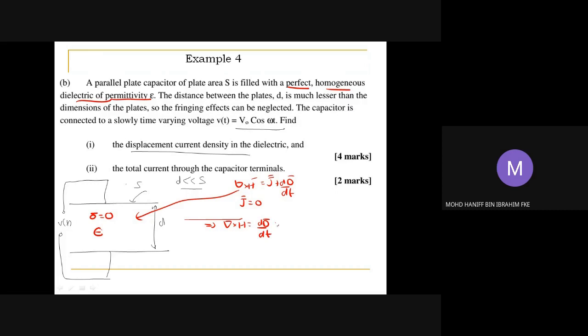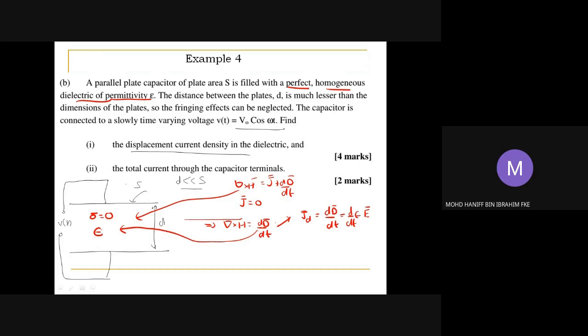Based on that, the displacement current density, J_D, shall be equal to the rate of change of D, which we can also write as d over dt of epsilon times the E field. This dD over dt is the time-varying field inside your dielectric, in between the plates.